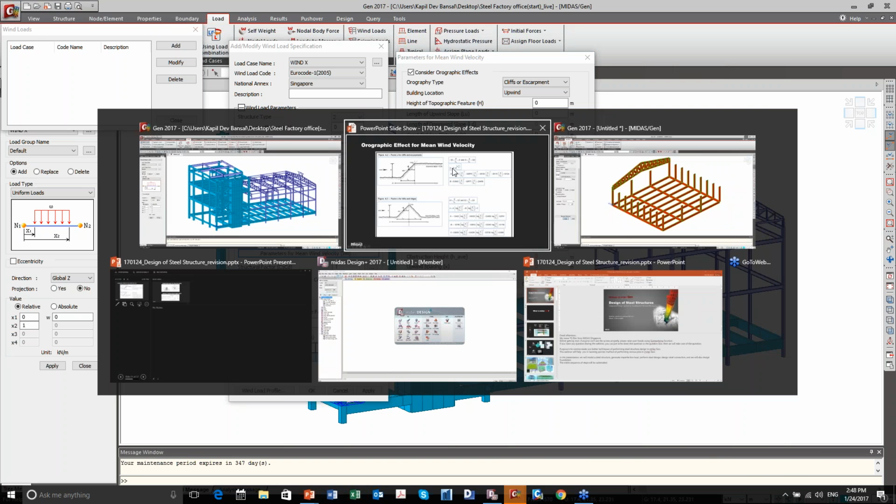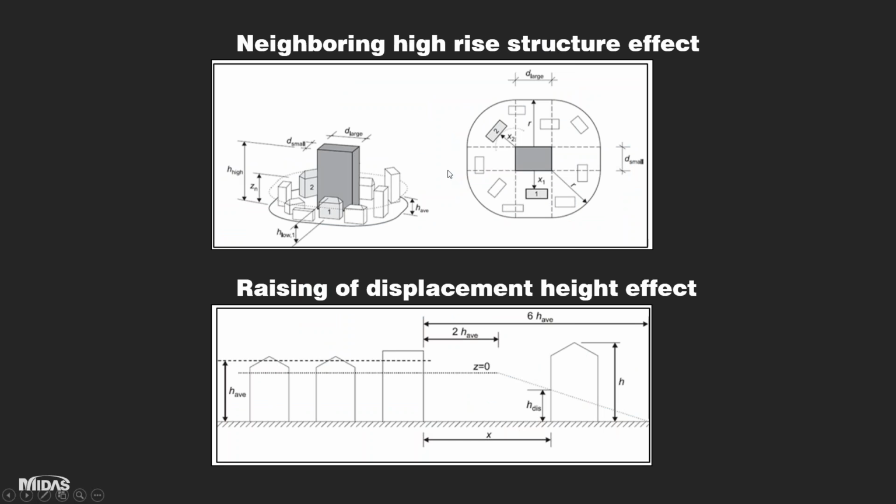And even some other two effects. One is the neighboring high-rise structure effect. So if your structure is located nearby a high-rise structure, then we need to consider that high-rise structure effect when we calculate the mean wind velocity. And similarly for the raising of displacement height.